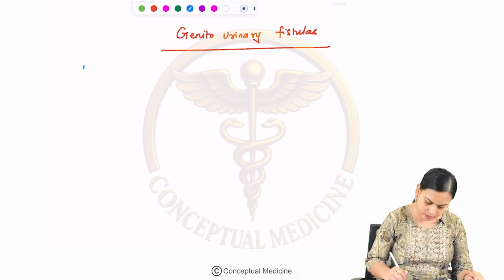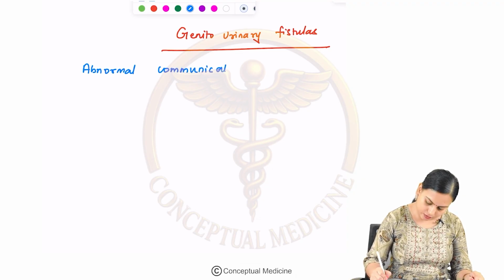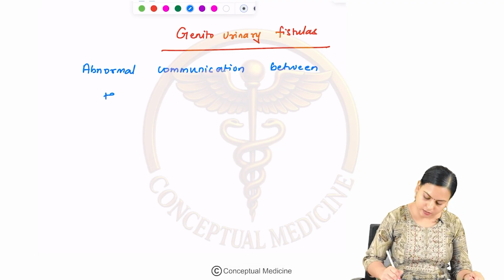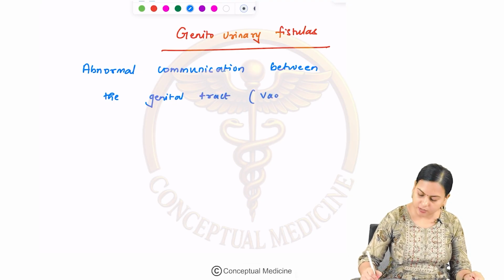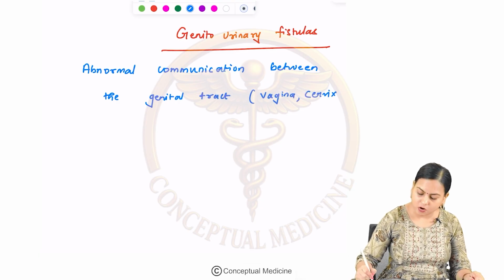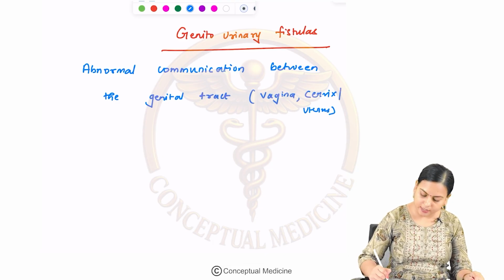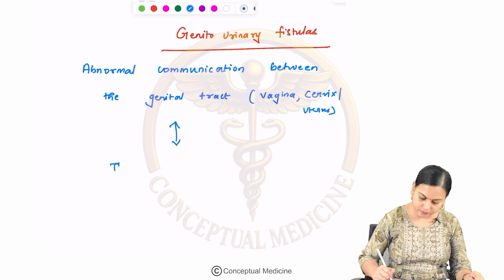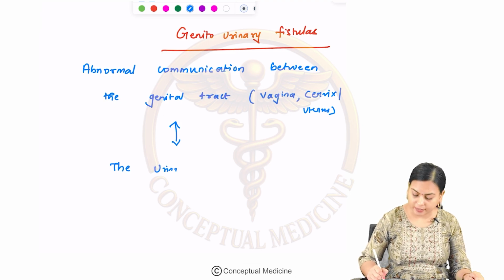This is nothing but an abnormal communication between the genital tract, that is the vagina, cervix or the uterus, and the urinary tract.